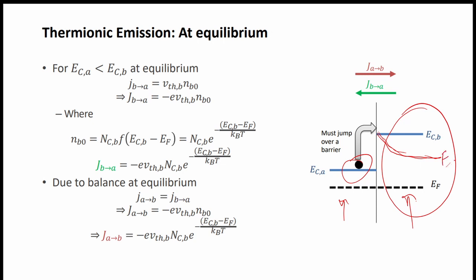So what is the concentration of the electrons? The current will depend on the flux of the electrons moving from this side to this side and from this side to this side, the flux of the electrons moving across the junction.